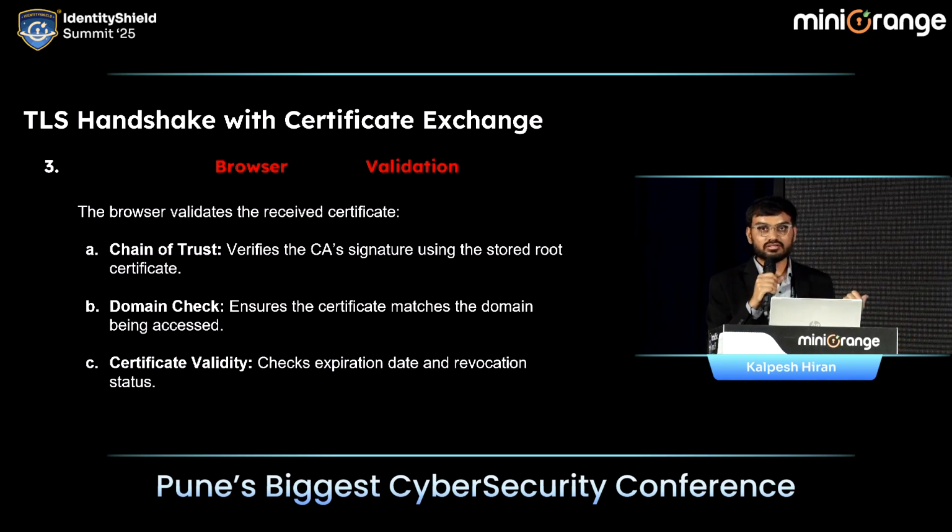Would that work? No, because of the domain check. The browser not just verifies the signature, it also verifies that the certificate which was sent has the domain name inside it. So it verifies that domain as well, and the validity of the certificate.